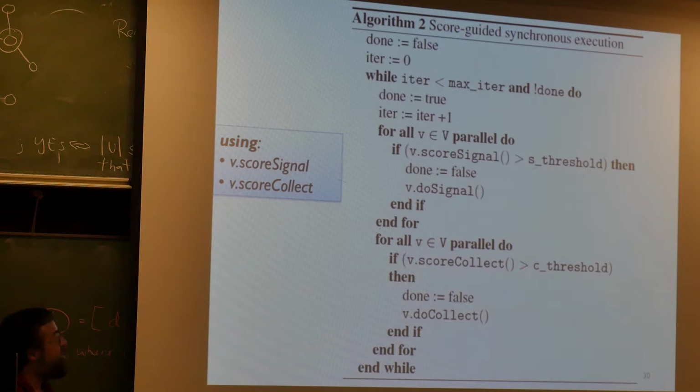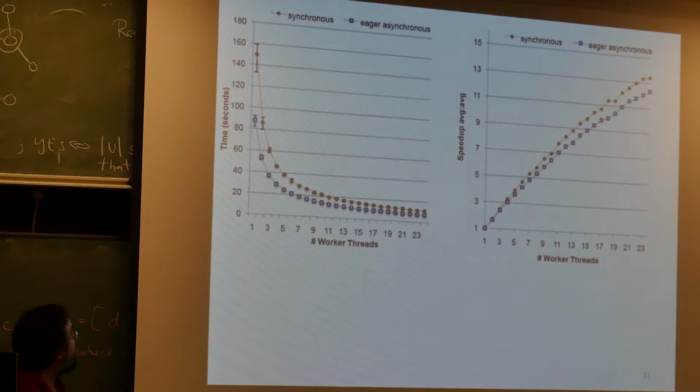This allows a vertex the ability to say, I think it's important to send a signal next time, and I think it's important to collect more signals from my edges next time. But that's not necessarily done for everybody. So these are the two new additions.